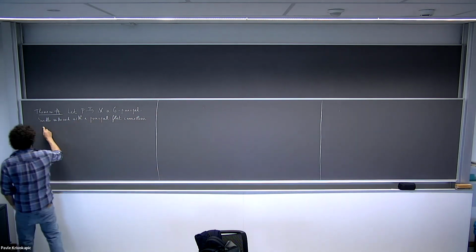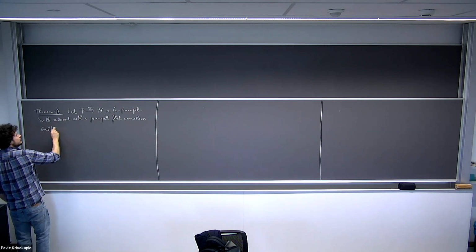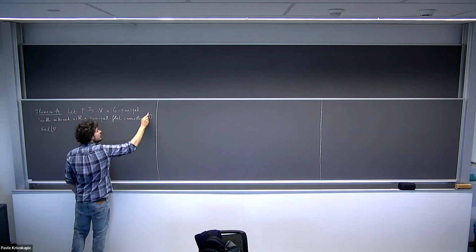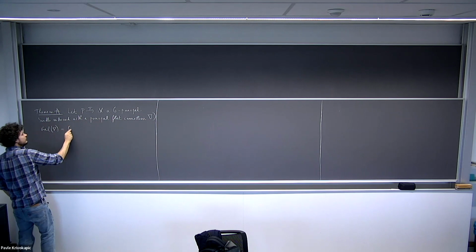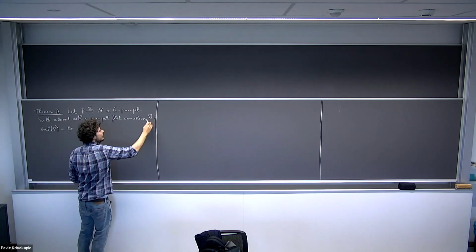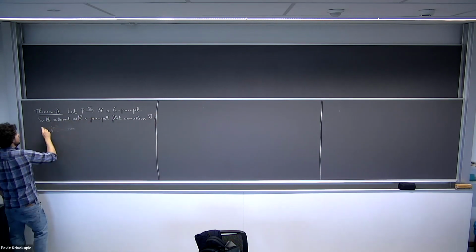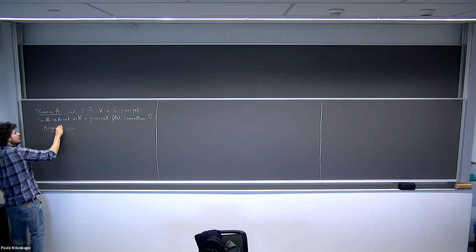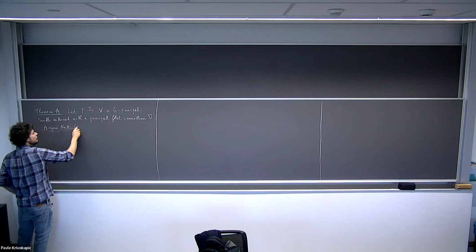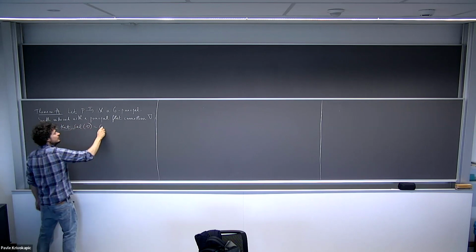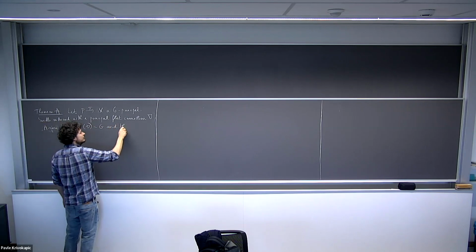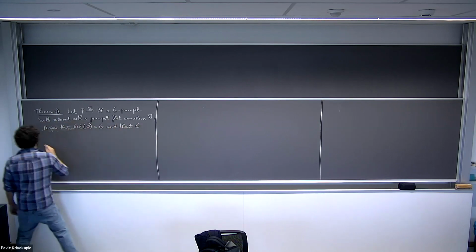That is, that the Galois group of the connection is equal to G, and that G is sparse.